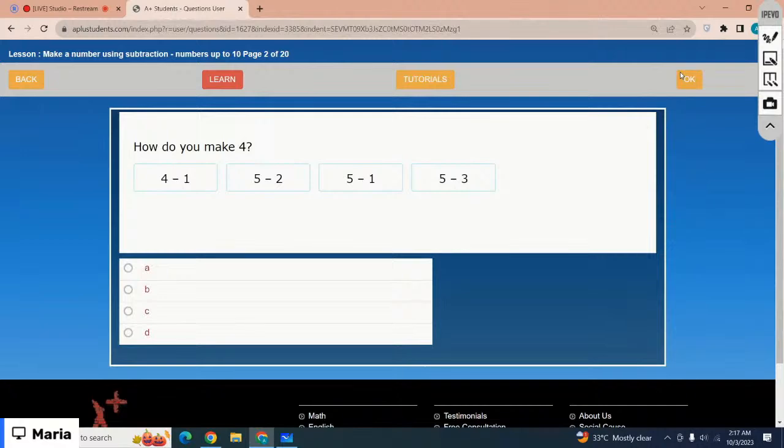Okay, how do you make 4? So which is the correct option? Which option makes 4?